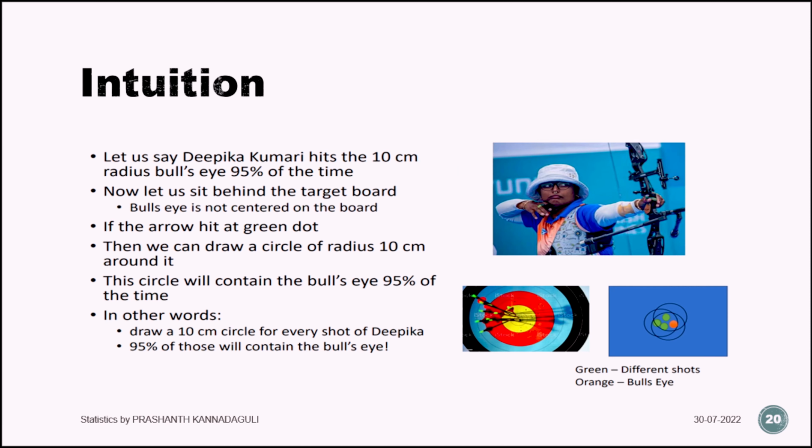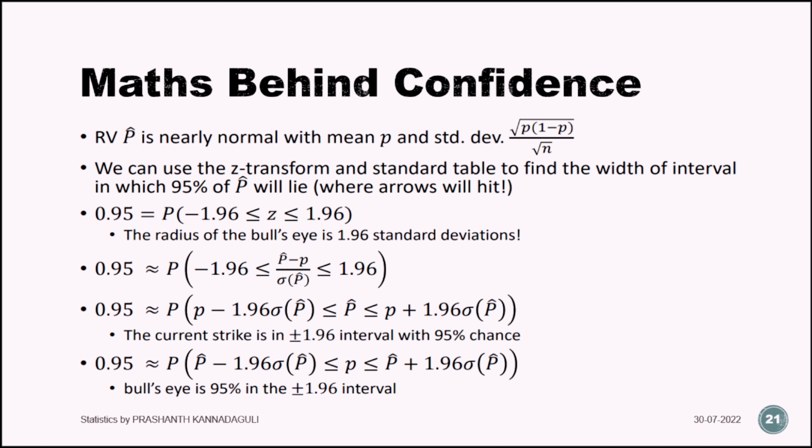Okay, let's move ahead. Now we are coming back to the mathematics behind this. So how do we write the maths? What is a random variable here? Try to recall the p cap. The capital P cap is the random variable.